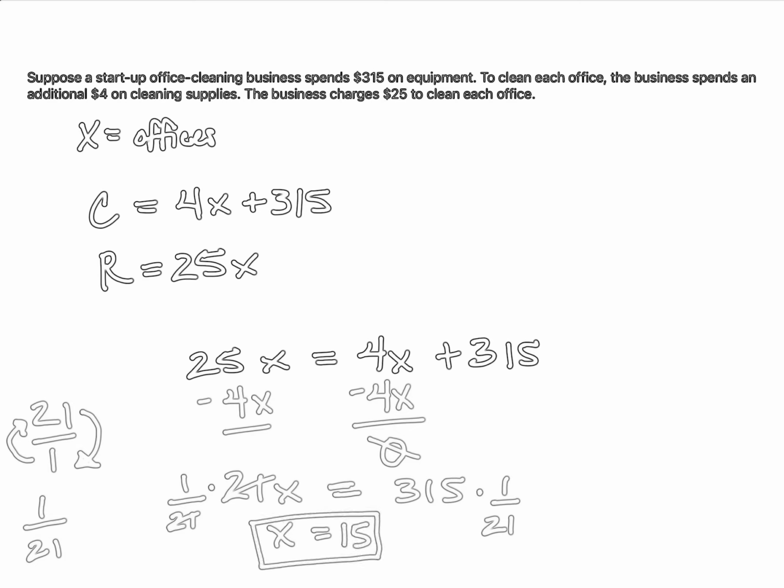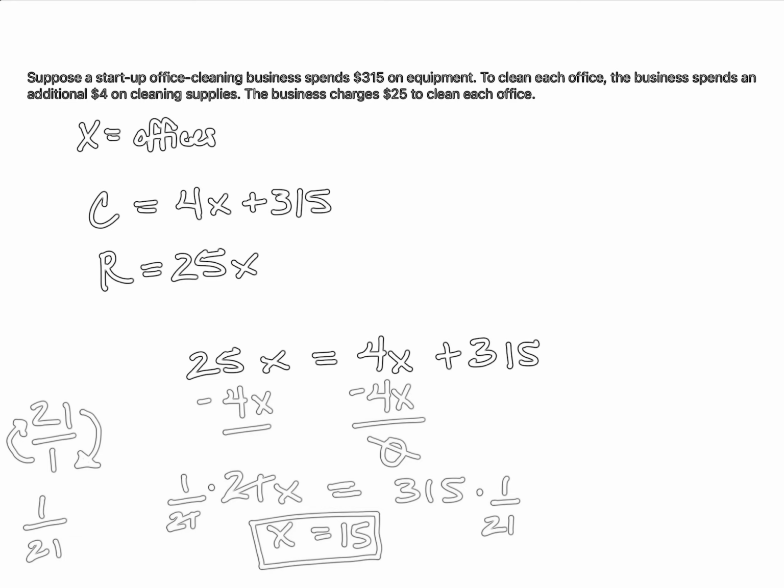So at 15 offices, after you've completed cleaning 15 offices and you receive your payment, then you will break even. And you should break even at about $375. How do we know that?